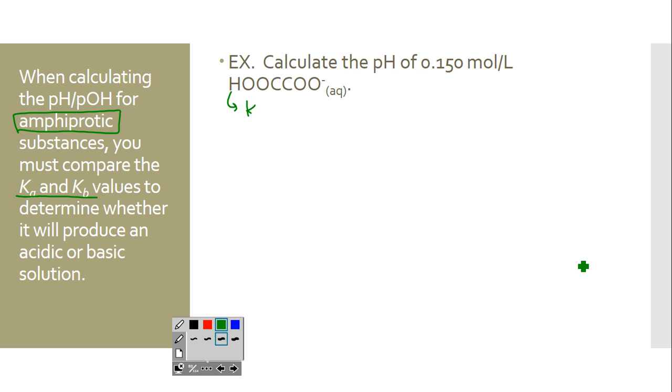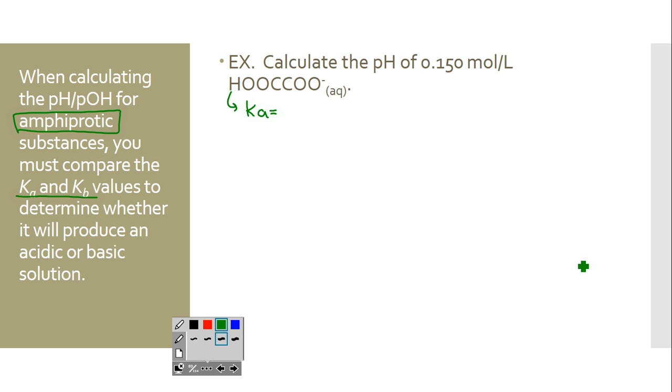If I look up its Ka value in the data booklet, you would find that on page 8.